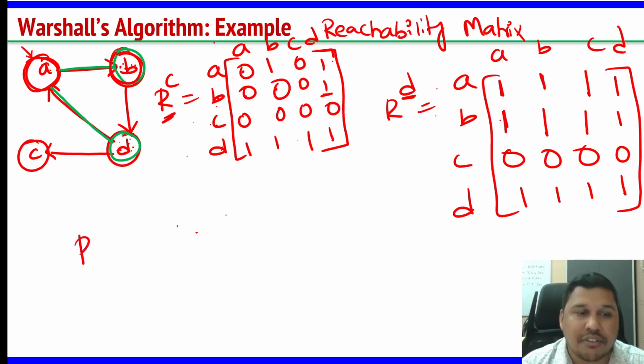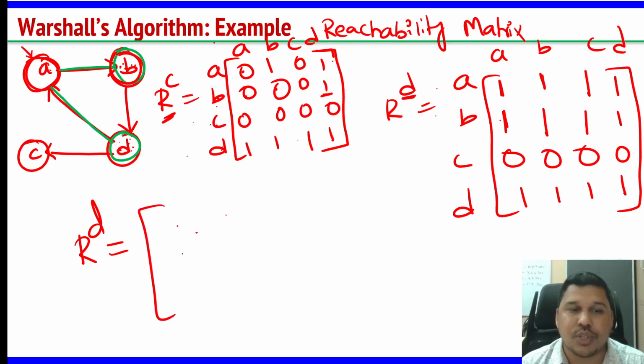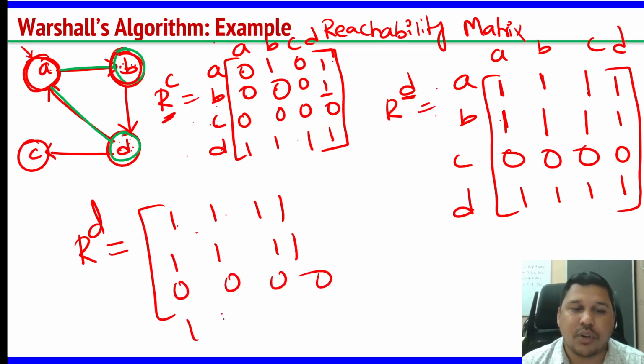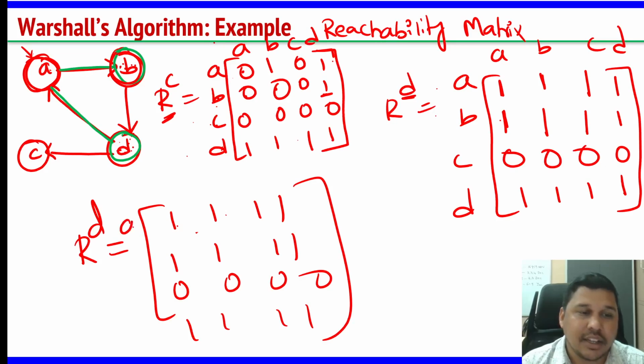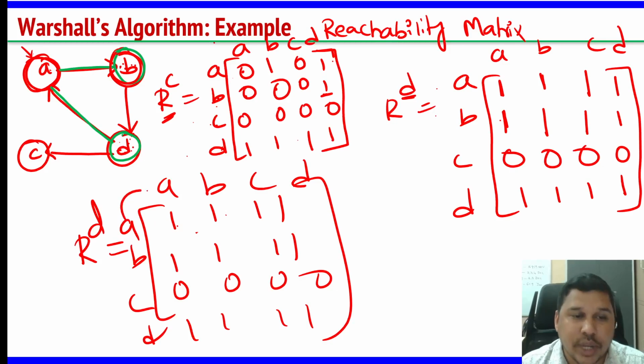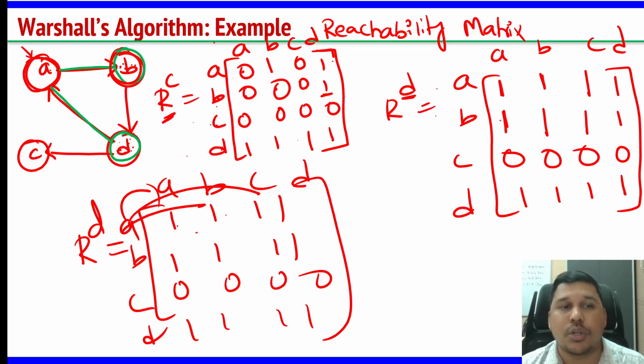So, this final RD matrix, okay, this is your reachability matrix. If you see this 1 1 1 1, 1 1 1 1, 0 0 0 0 and 1 1 1 1, meaning from A to A you can reach, from A to B you can reach, A to C you can reach.